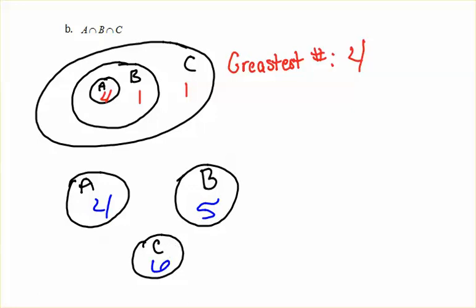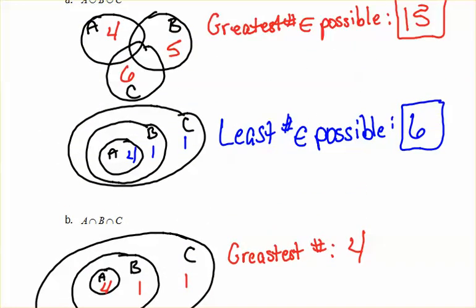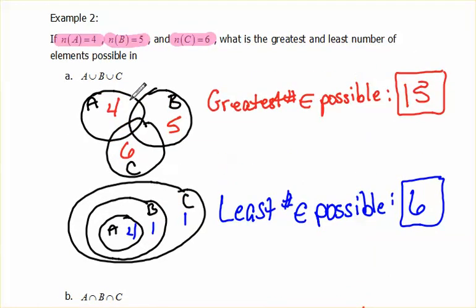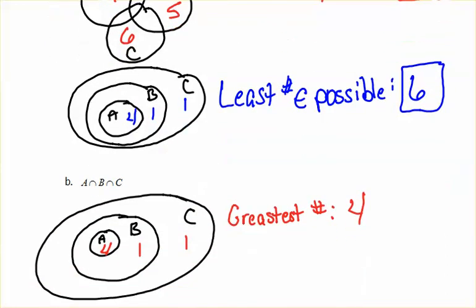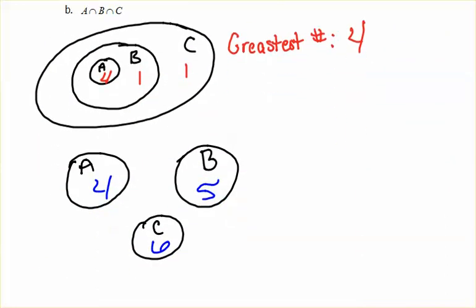Or it could even look very similar to what we had originally drawn, where they did actually meet, but in this case none of the items overlapped. Well, in that case, our least number in the intersection would be 0, because we wouldn't have anything in common at all in this situation.